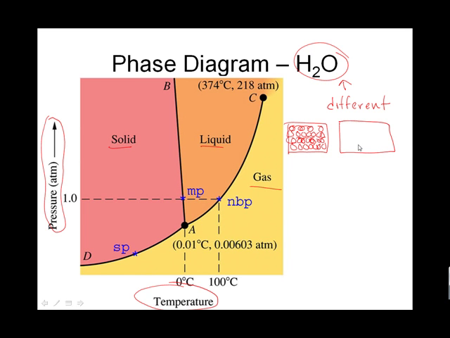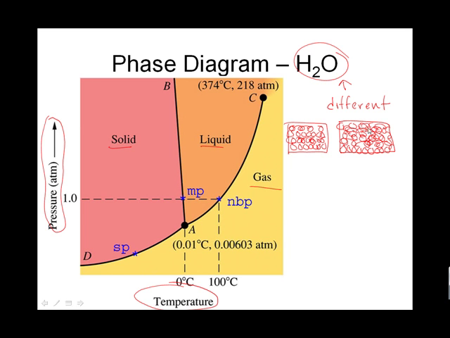Versus if I have a liquid, medium temperature and high pressure, as in there are lots of particles around, but the particles are faster moving, they're going to tend to become a liquid because they're faster moving.